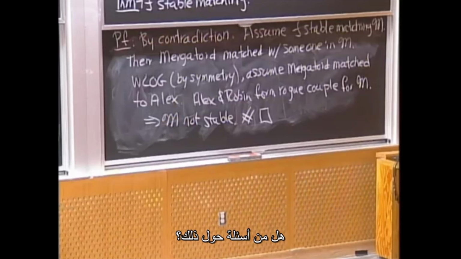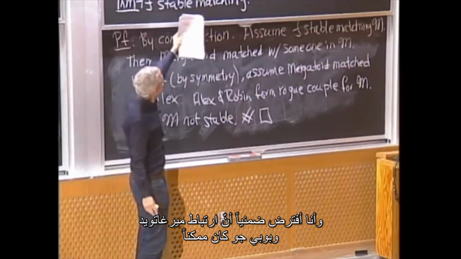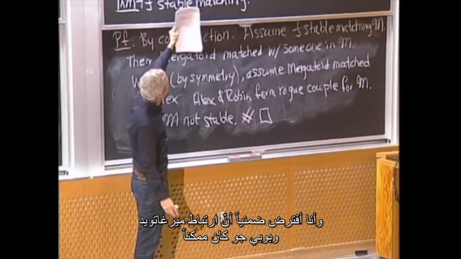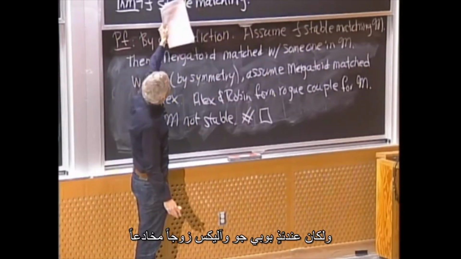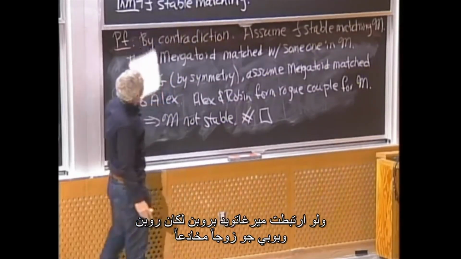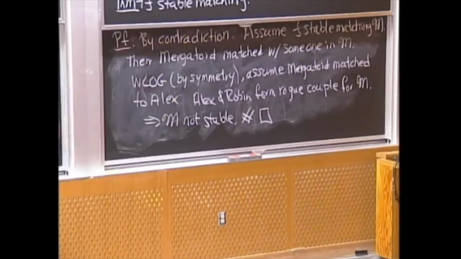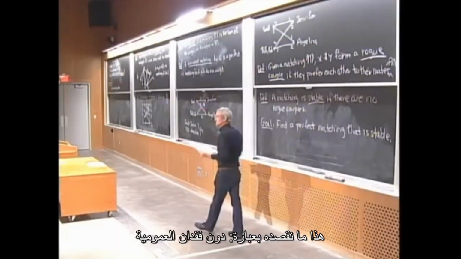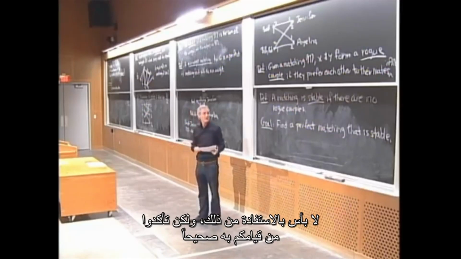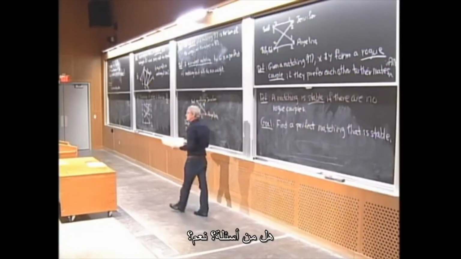Any questions about that? I'm implying here that you could have had Murgatroyd matched to Bobby Joe, and then Bobby Joe and Alex would have been a rogue couple, or Murgatroyd matched to Robin, and then Robin and Bobby Joe would be a rogue couple, either without loss of generality. So it's okay to use that, but you want to be careful that you're doing it right. Questions?